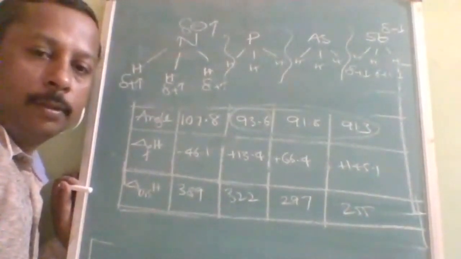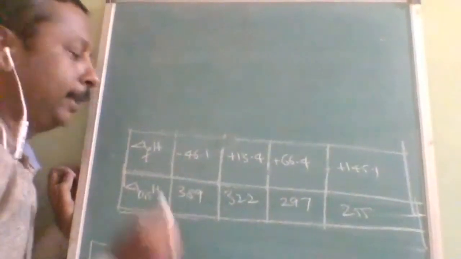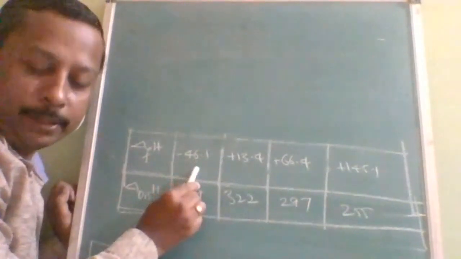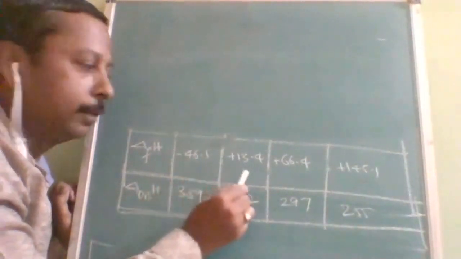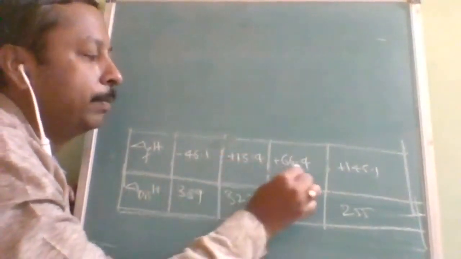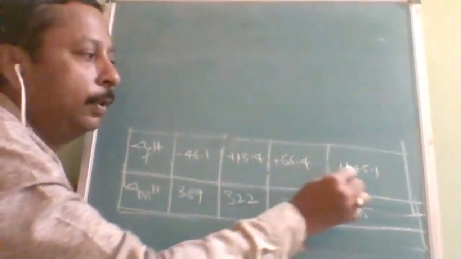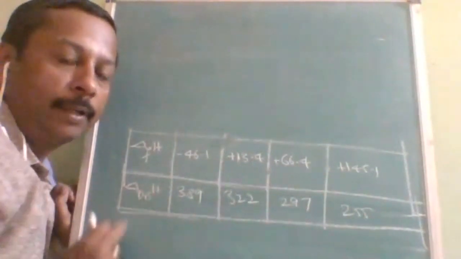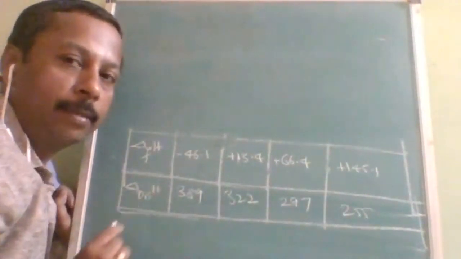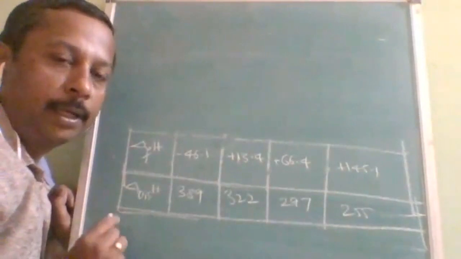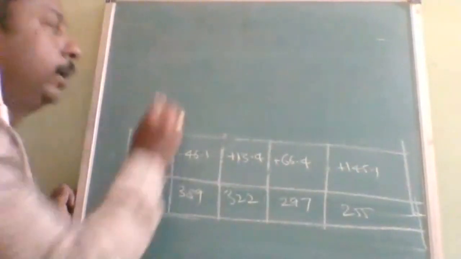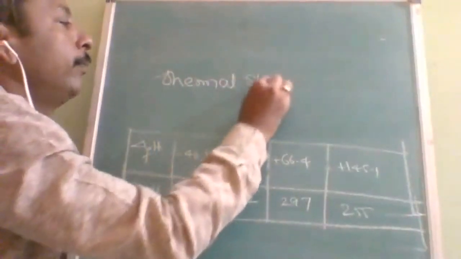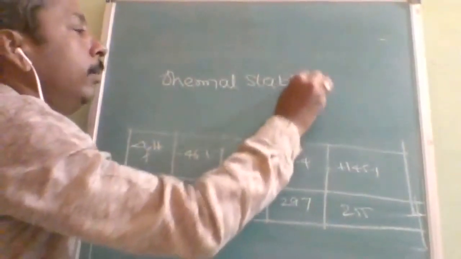Okay, next is enthalpy of formation. It is minus 46, plus 13, plus 66.4, and plus 145.1. From this you can understand thermal stability, and questions will be based on this.